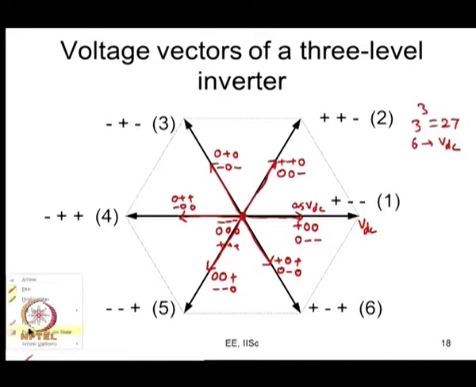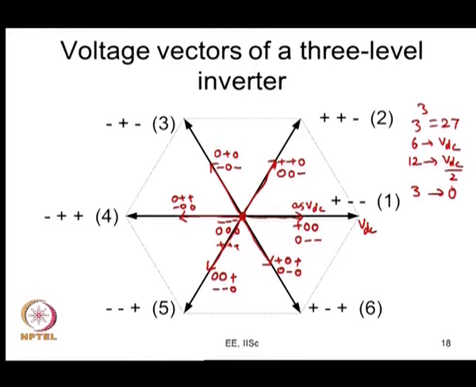So, now how many vectors have been accounted for? You have accounted for another 12 more states. So, these 12 more states lead to 6 distinct active vectors of length 0.5 VDC, or VDC by 2, and 3 of them lead to 0.